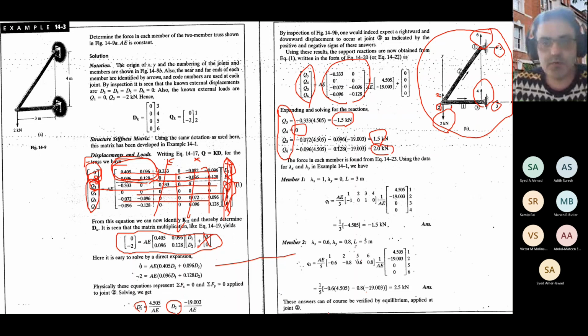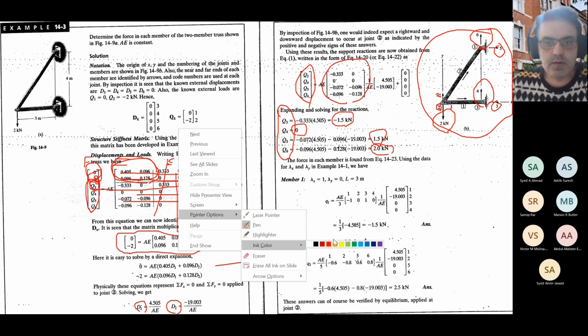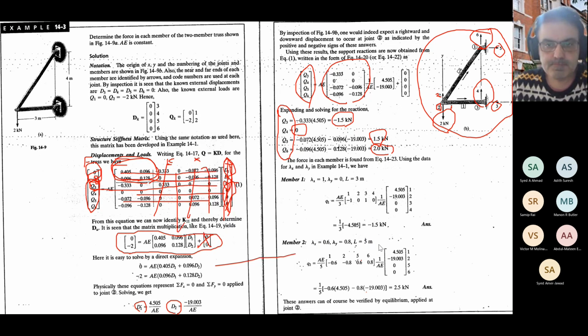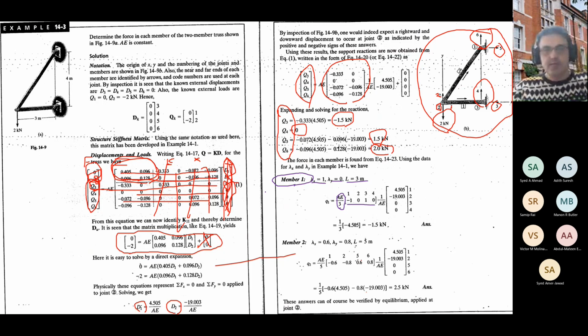So, for example, for element number 1, we have lambda x and lambda y and L and AE. So this is AE over L, and these 4 are minus lambda x, minus lambda y, and lambda x and lambda y. So minus 1, 0, 1, 0.